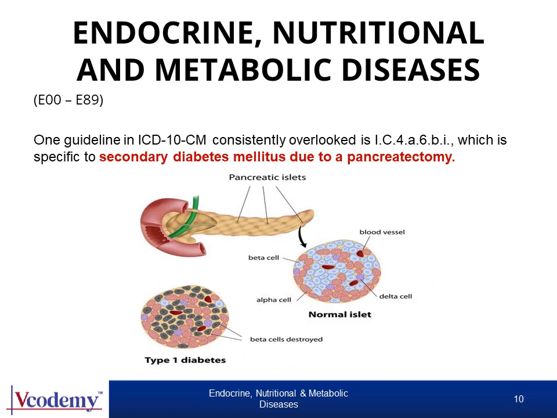Secondary diabetes mellitus due to pancreatectomy, removal of the pancreas. One guideline in ICD-10-CM consistently overlooked is Section 1, Chapter 4, A6b1, which is specific to secondary diabetes mellitus due to pancreatectomy. So what is that guideline?